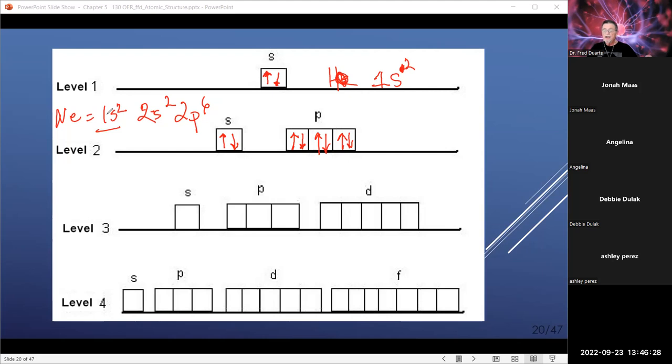And then the other 8 go into the second energy level, starting with the s orbit, and that gets full, okay? So the 2s2. And then we go all the way across to the other 6. And remember that we can put 6 total electrons for every p, right?